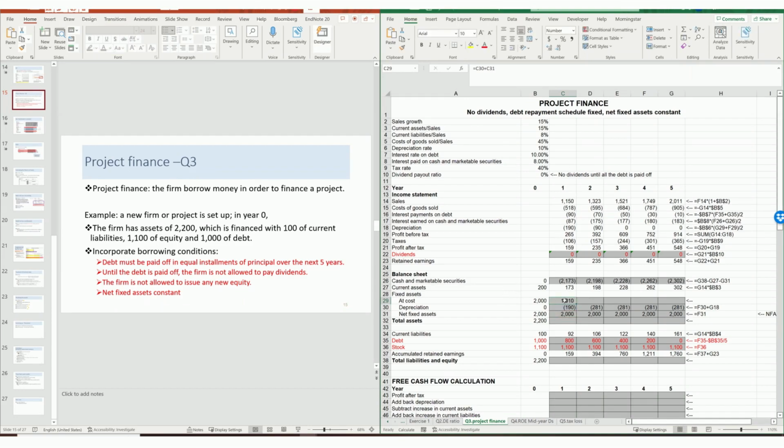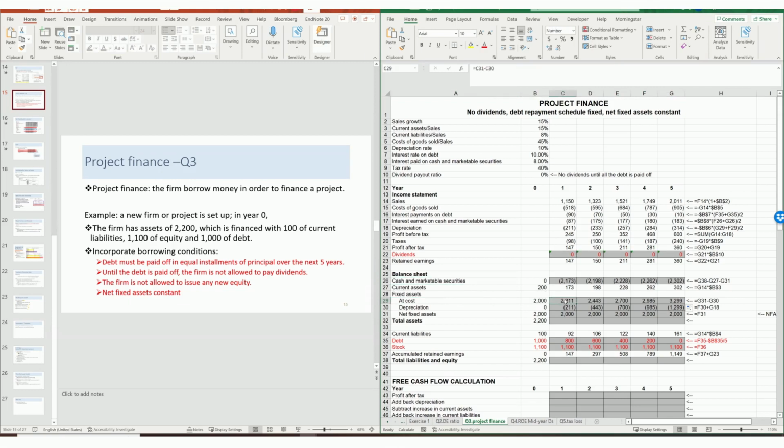So the fixed asset will equal net fixed asset, adding the depreciation. Since depreciation is negative, it will be subtracting the negative depreciation. So drag it all the way here.